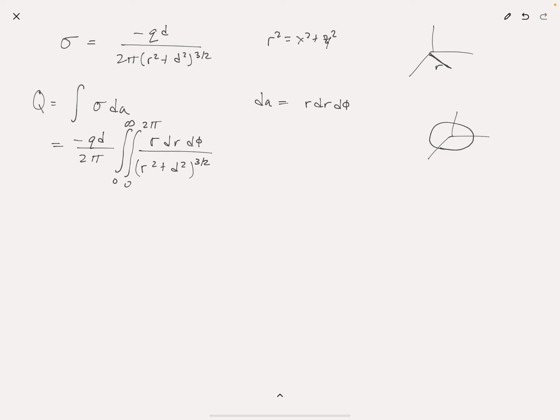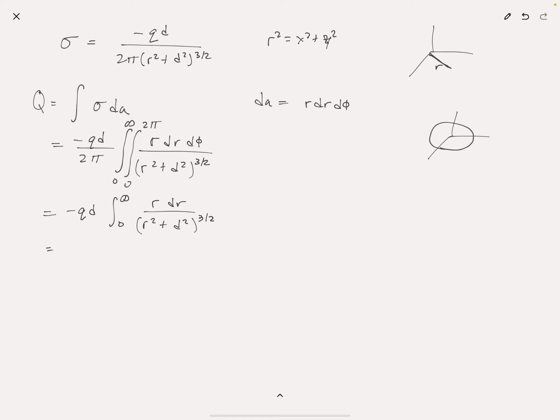The 2 pi comes out pretty easily because there's no phi dependence. So I get a minus qd that cancels the 2 pi on the bottom, and I'm left with the integral of r dr over (r squared plus d squared) to the 3/2. You can do that probably with a u substitution, or you can look it up.